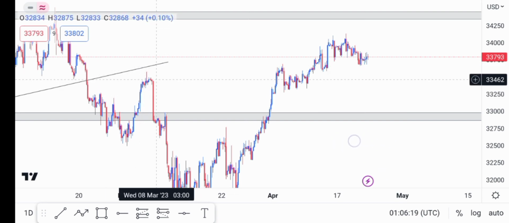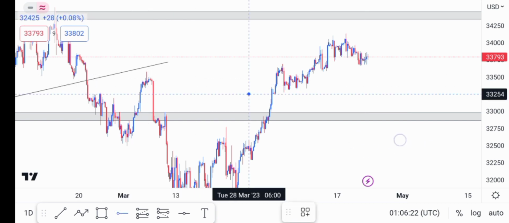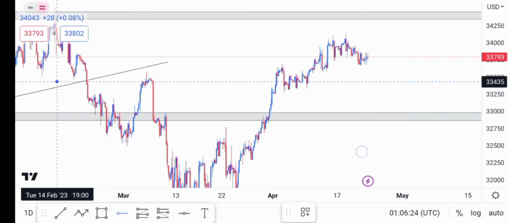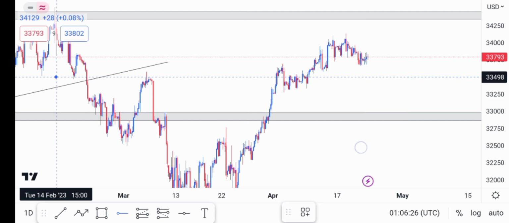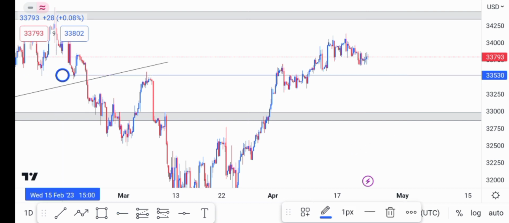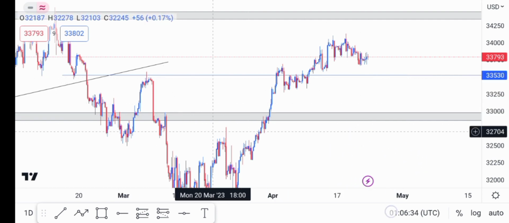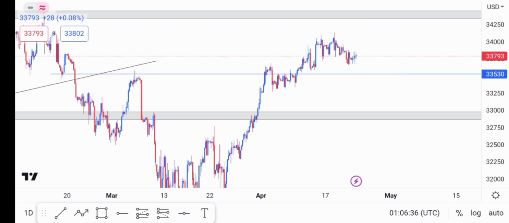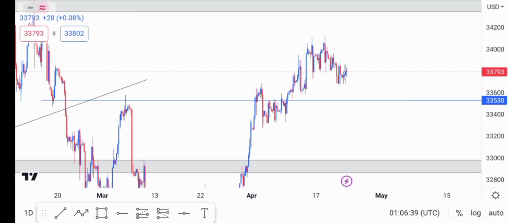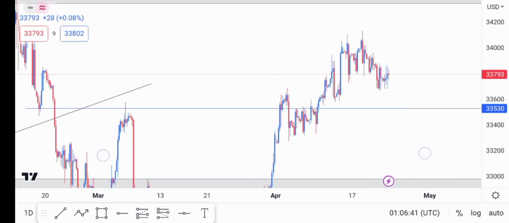This means we could have a level around this area here if we look closely. Let's see here. We can see this level right over here where the market touched the area and went to the lower side. I've just marked out that level, and this is what we have.